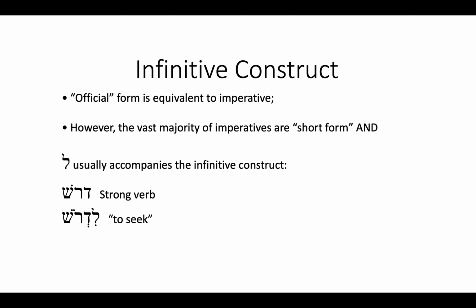So let's look at an example of the strong verb dalet resh shin. The infinitive construct would be lidrosh. So this is how it looks when it's preceded by a lamed. Now we have the root beit vav aleph, so middle weak looks like lavo. So notice that the vowel under the lamed here is a kametz and not a hirik like we see with the strong verb. This maybe might not surprise you, I'm not sure.